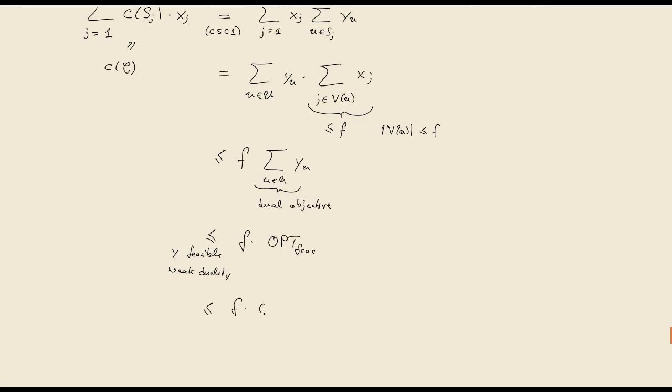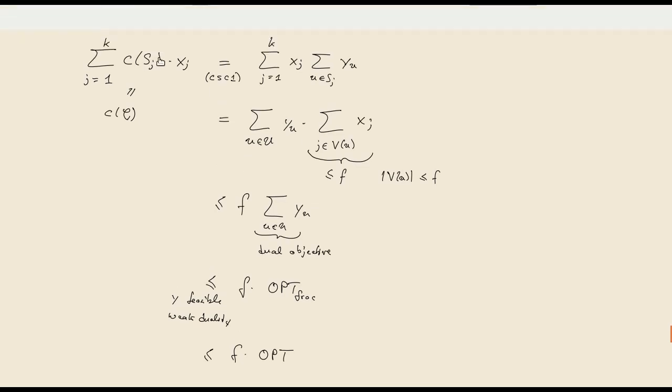Well, and this is upper bounded by the optimal value of the integer version. And so, the solution we compute has at most f times opt cost, so it's an f approximation. Okay.